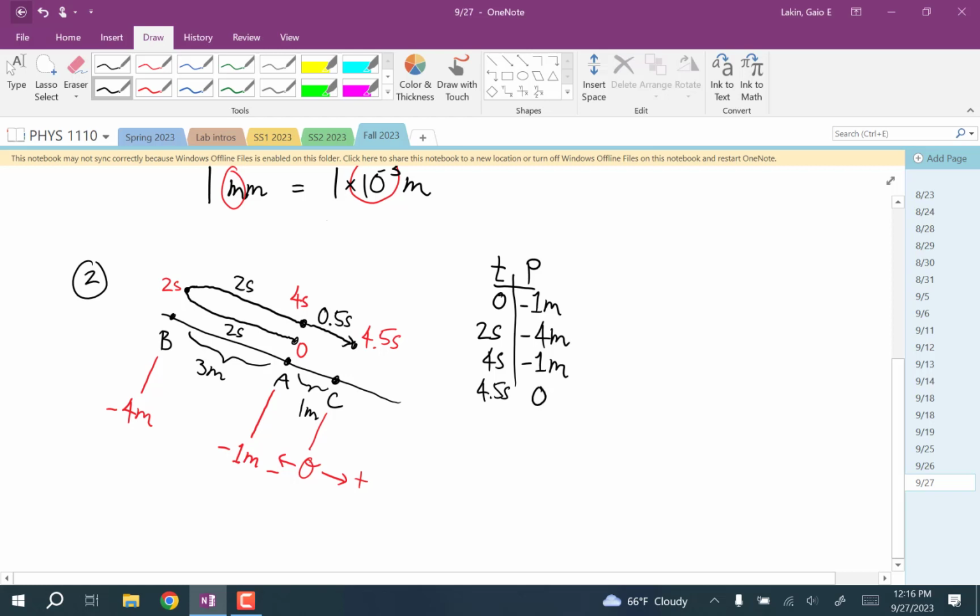Okay? And then it's just a matter of plotting these out, pair by pair. 0, -1 is the first point, 2, -4, 4, -1, 4.5, 0.